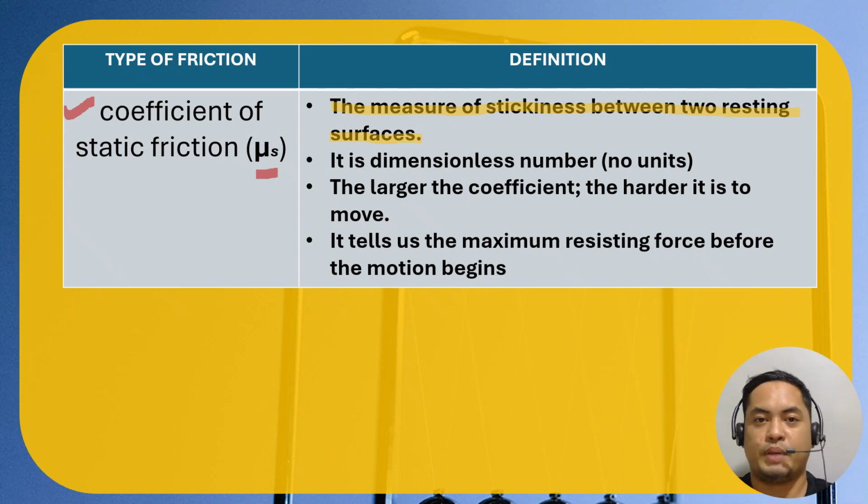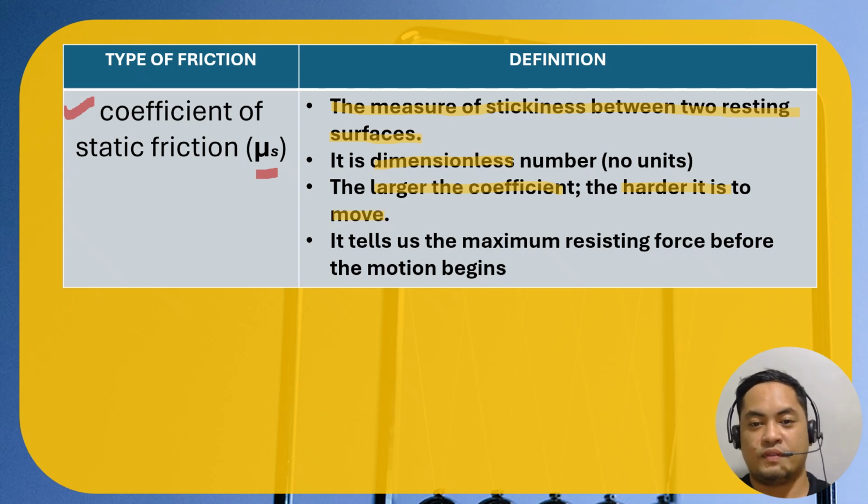It depends upon the material pair, and it's dimensionless, meaning no units. So you will encounter a certain magnitude with no units in the problem. And if you have a larger coefficient, the harder it is to move.